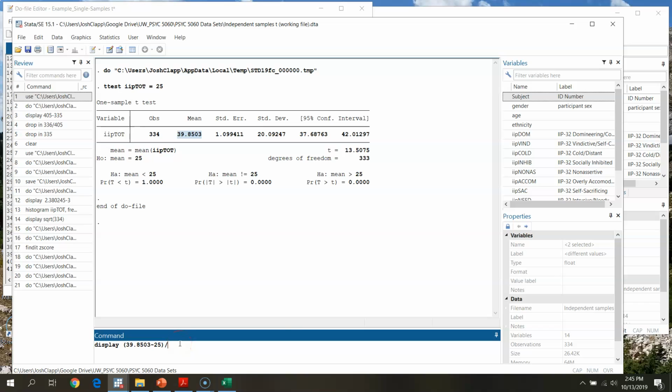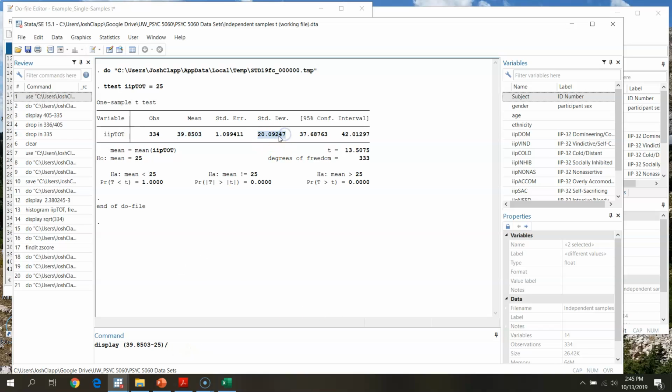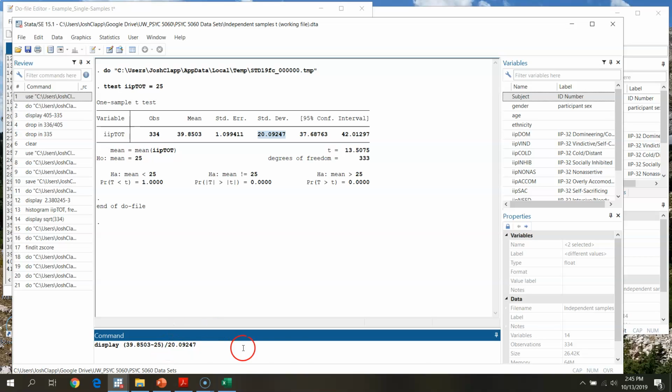And I divide that by my standard deviation. I get an effect size of about 0.74. Again, we could do this by hand using a calculator. It's just kind of easy to pull this up in Stata as well. So here we get an effect size of 0.74.